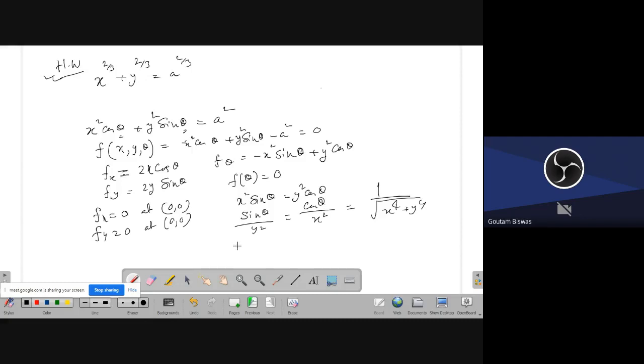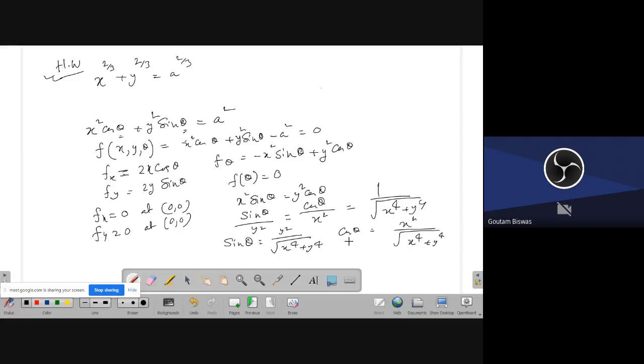So sine theta equals y square by root over x to the power 4 plus y to the power 4, and cos theta equals x square divided by root over x to the power 4 plus y to the power 4. So sin square theta plus cos square theta equals 1, we know it.